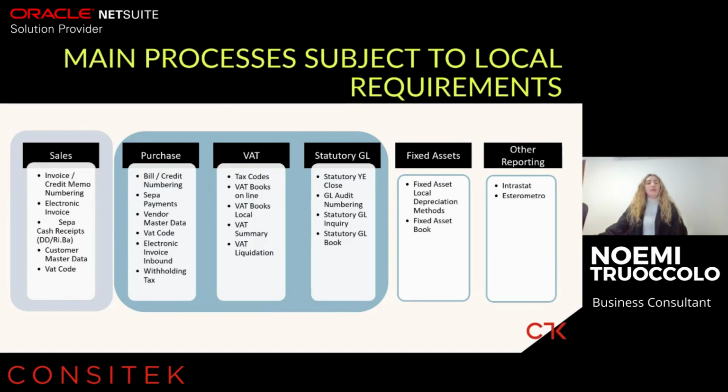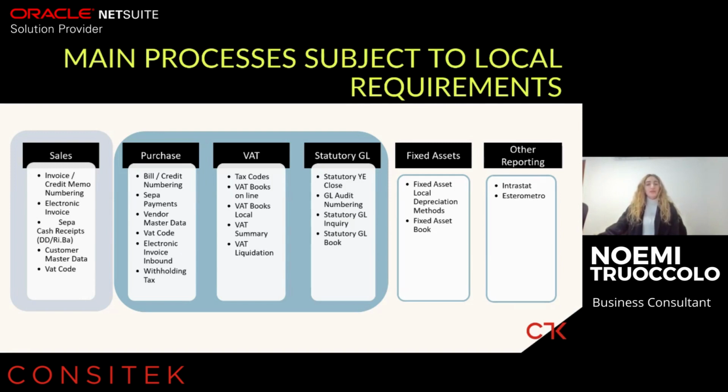As you can see, on the sales side, we have the invoice and credit memo numbering, the electronic invoice, SEPA cash receipts, the customer master data, and the VAT code. For purchases, we have the bill and credit numbering, SEPA payments, vendor master data, VAT code, the electronic invoice inbound, and withholding tax.